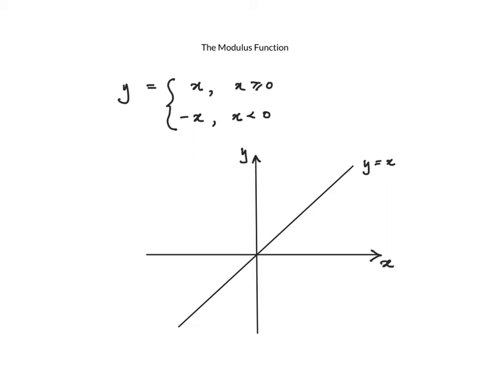But we're only interested in the region x is greater than or equal to 0. So from the origin onwards, we've got the line y equals x. What I could do, in fact, is get rid of this section of the graph here. I can't rub it out, so I'm going to shorten the line.